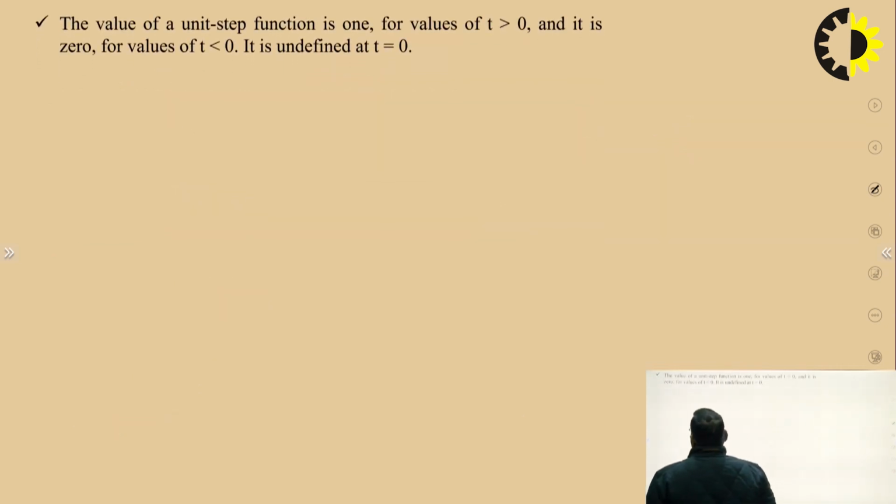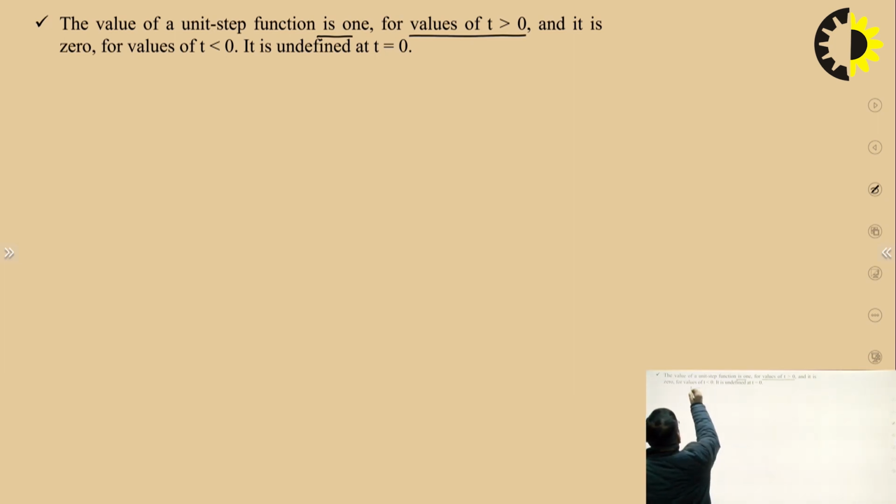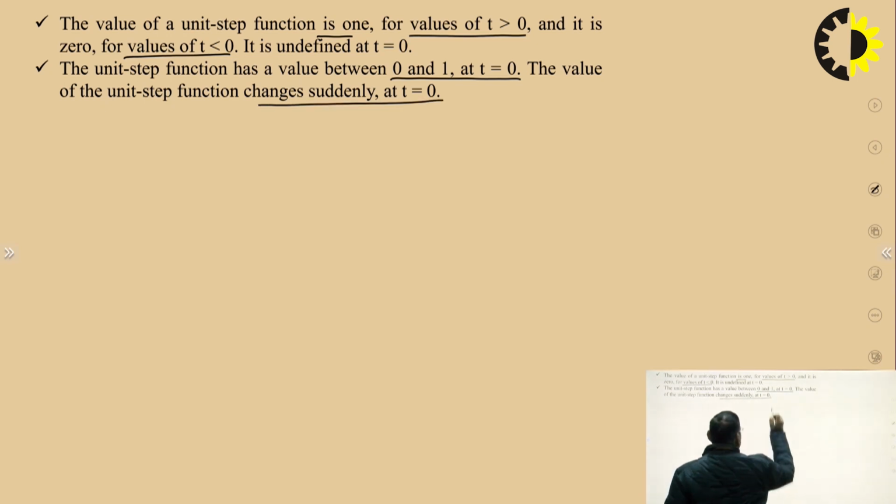So what we can conclude: the value of the unit step function is 1 for all values of t greater than 0, and it is 0 for all values of t less than 0. It is undefined at t is equal to 0, meaning this function is discontinuous at t is equal to 0. The unit step function has a value between 0 and 1, and this value changes suddenly at t is equal to 0.